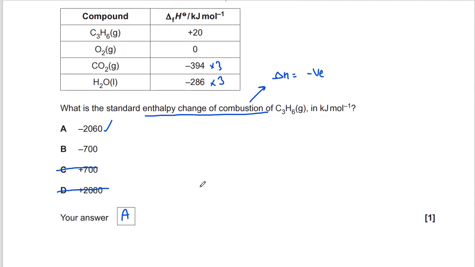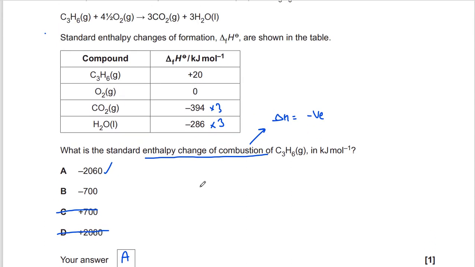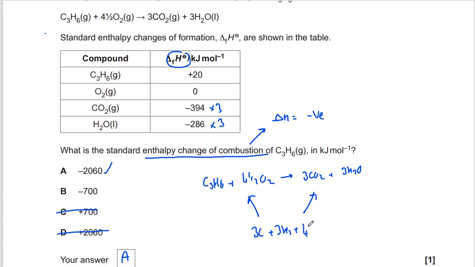However, just to prove to you that it is correct, for the Hess cycle then, I'll quickly do it. C3H6 plus 4.5O2, which has no enthalpy of formation, goes to 3CO2 and 3H2O. I'm given formation data, so the arrows have to go up. The constituent elements are on the bottom, so it'll be 3C plus 3H2 plus 4.5O2.